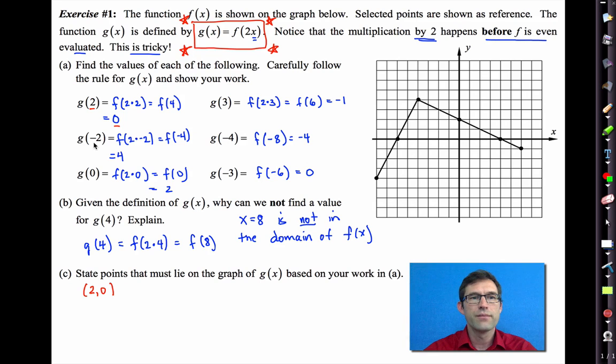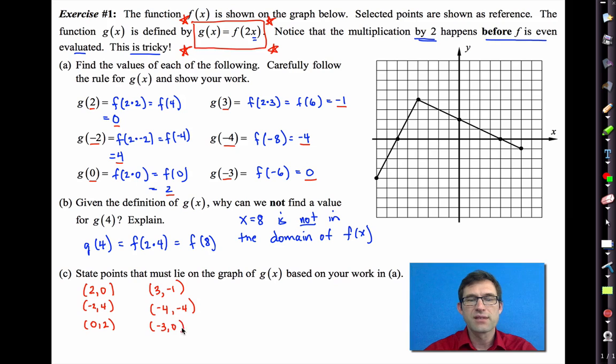Then we have the point negative 2, 4. We have the point 0, 2. We have the point 3, negative 1. We've got the point negative 4, negative 4. And we've got the point negative 3, 0.